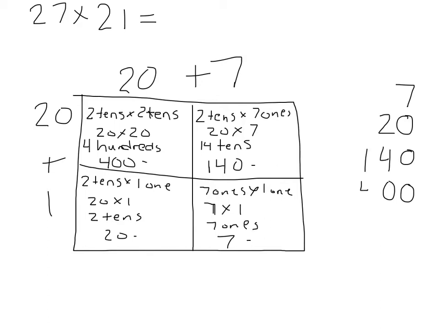So we have to make sure that the places are lined up. Once I have that, then I can add them. 7 plus 3 zeros is 7, 2 plus 4 is 6, and 1 plus 4 is 5. So our final answer should be 567.